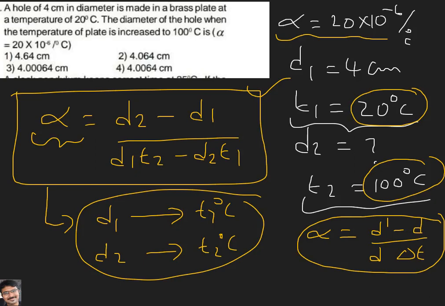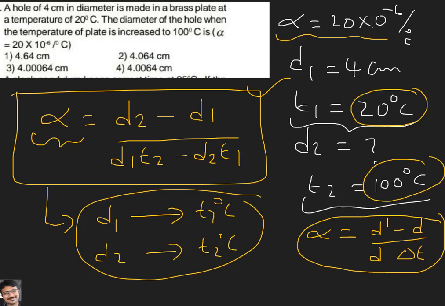They clearly gave the T1 value and T2 value, so you have to use the other formula. If they simply told us to increase it by 20 degrees or decrease it by 20 degrees, then we have to use delta T. It is a convenient way to solve the problem.